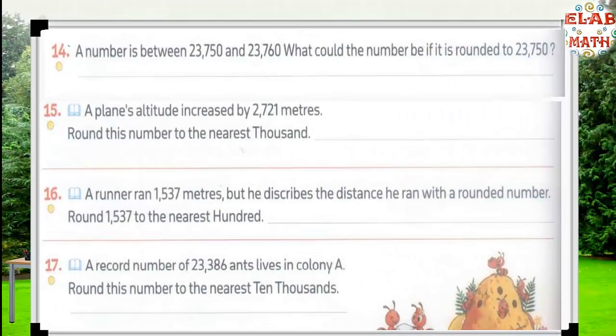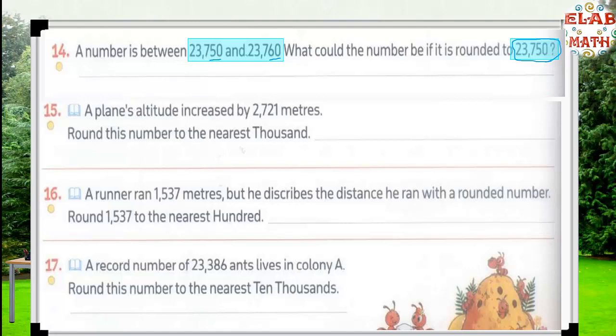Number 14, he tells you a number between two numbers here, 23,750 and 760, between 50 and 60. That means he tells you what the number could be if it's rounded like this. After you round your number, it will be 23,750.